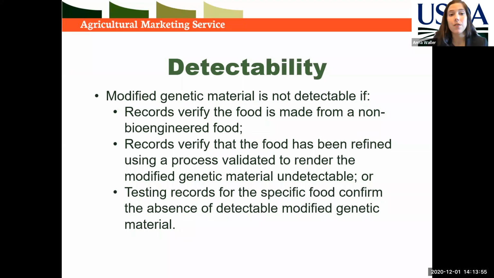We'll discuss each of the following in further detail in the next several slides, but the three options to show that modified genetic material is not detectable, and therefore your food or ingredient is not bioengineered, are to maintain records that verify the food is made from a non-bioengineered food, verify the food has been refined using a process validated to render the modified genetic material undetectable, or verify the absence of detectable modified genetic material through testing of the specific food.